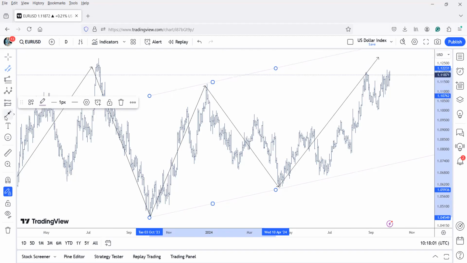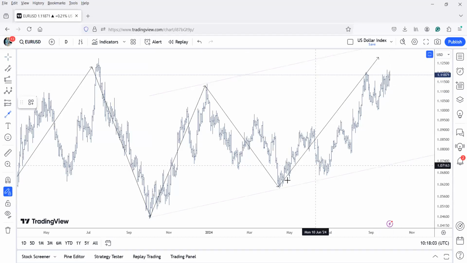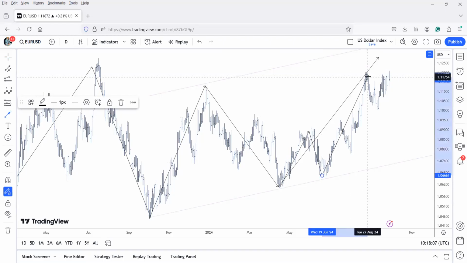Another scenario is wave four is still working on wave one, wave two, or maybe wave three, not exactly the way it should be terminating.